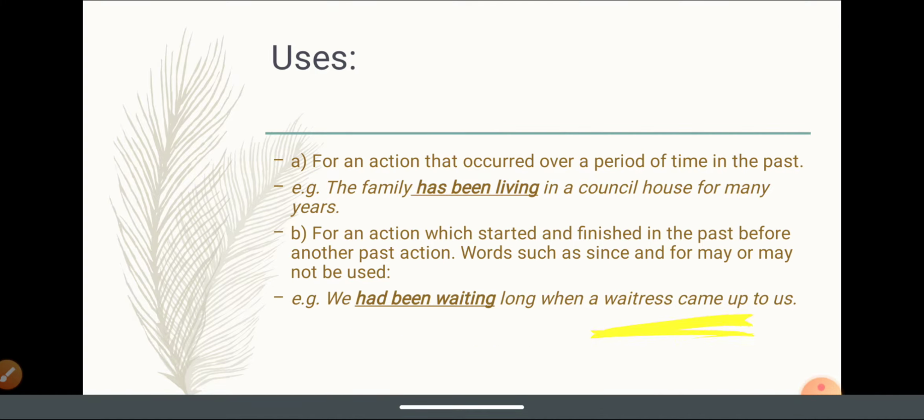When the waitress came up to us, before that, the waiting was going on. So the coming of the waitress was at the time when they had been waiting for a long time. So this is also called past perfect continuous tense.